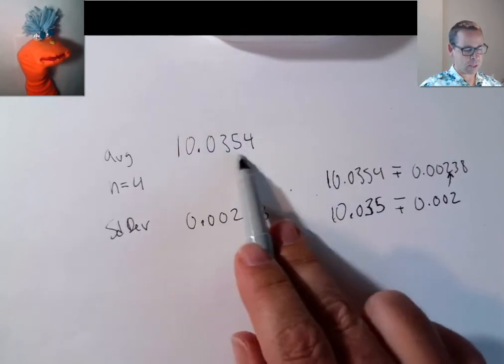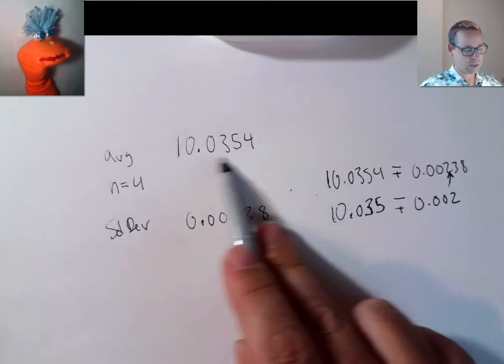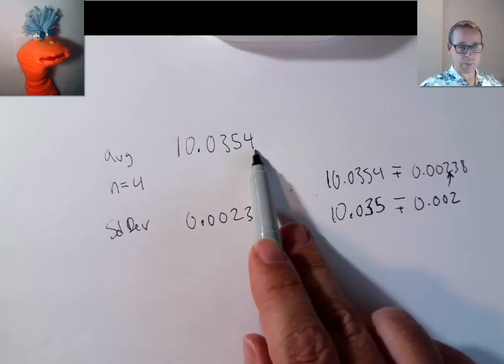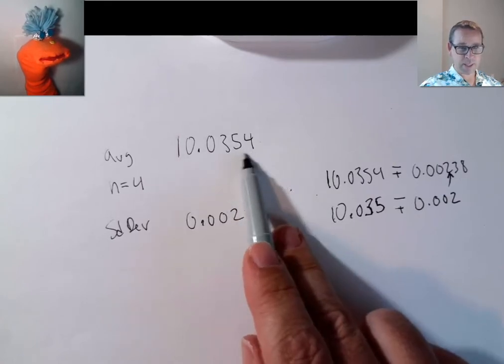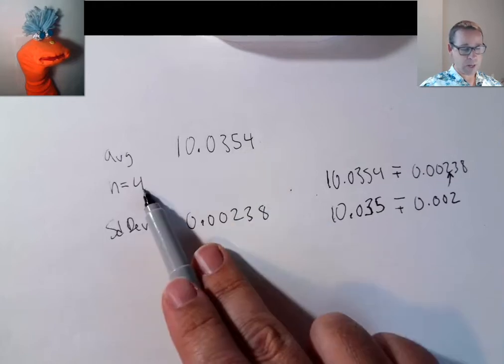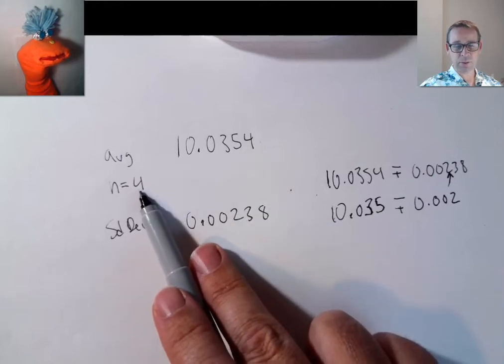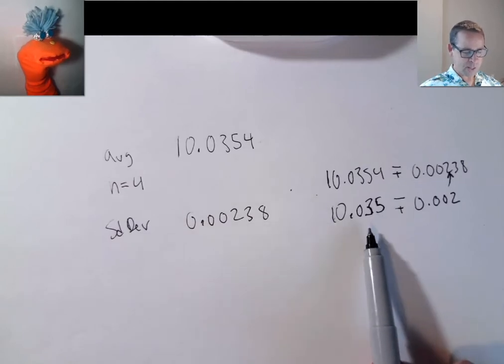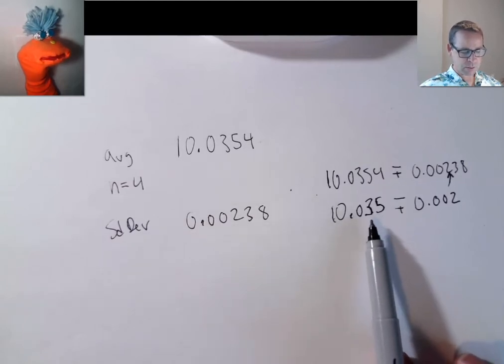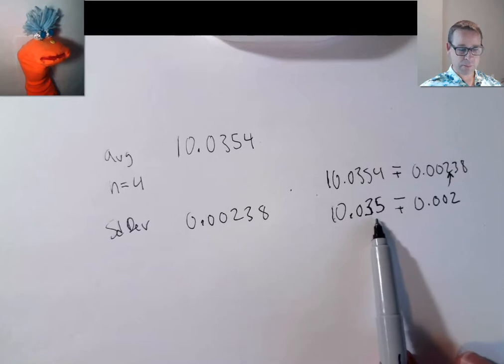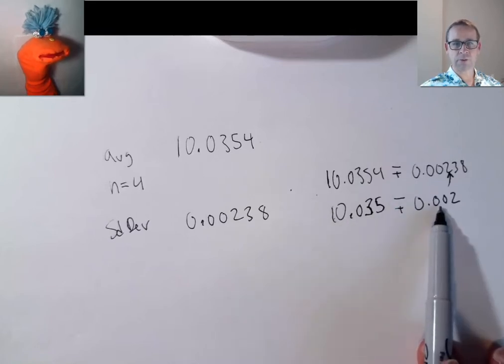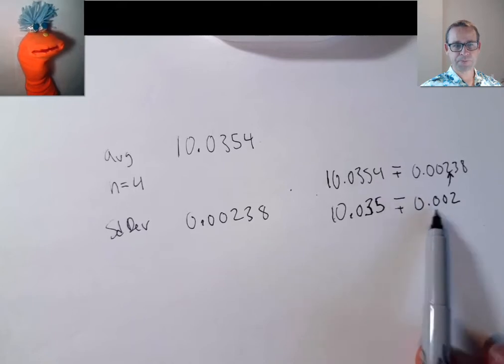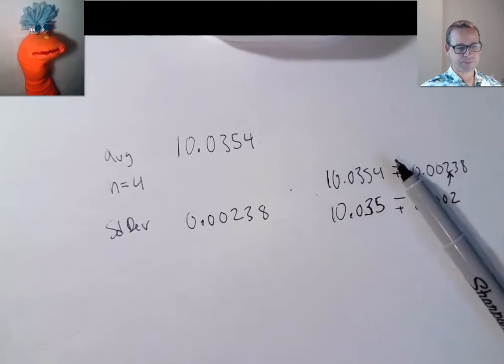Each one had 6 significant digits, 4 decimal places. I added them all together, therefore I could maintain all 4 decimal places. Dividing by 4, you don't have to count that as significant digits. And then my resulting value is limited because of the error of the experiment, the standard deviation. Good. So make sure we recognize that.